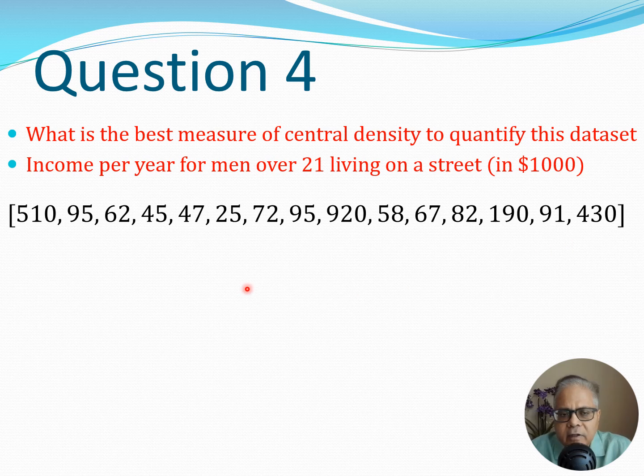For example, we can see 25 here, which is relatively small. We can also see 45, 47. So in cases like these, the outliers which are there in data, such as this 920 here or 510, will have a big impact on the mean value here. So the better value would be the median.